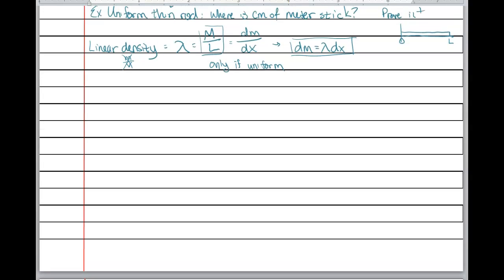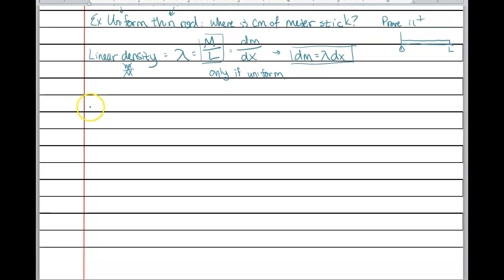Okay, now we can actually start our math. So starting with our equation, the limits for this integral: we're adding up all the positions with respect to their mass from one end of the object to the other.